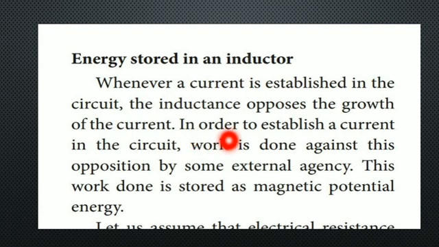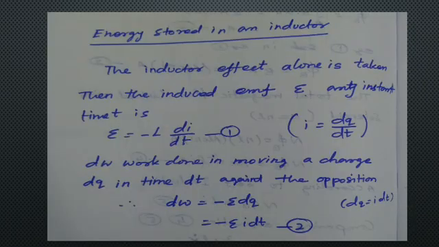In order to establish a current in the circuit, work is done against this opposition by some external agency, and this work done is stored as magnetic potential energy. Now come to the derivation part.